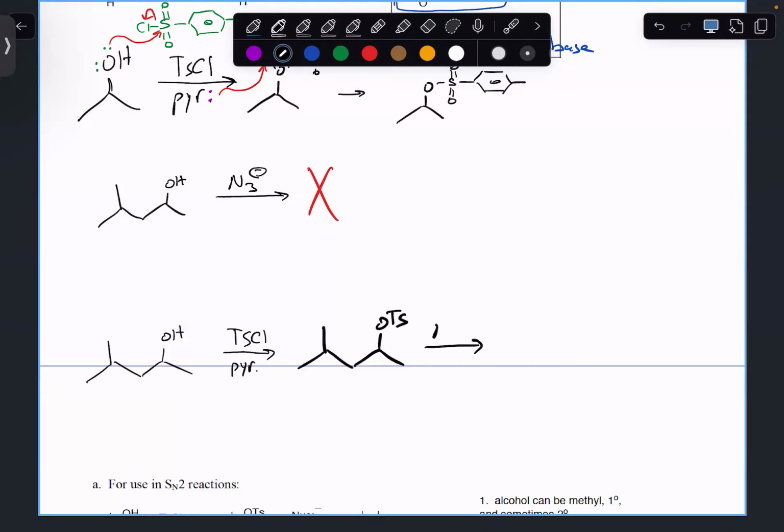And so now I could add in my nucleophile. And we'd have a reaction. Questions on this one?